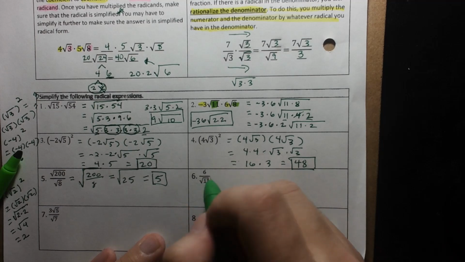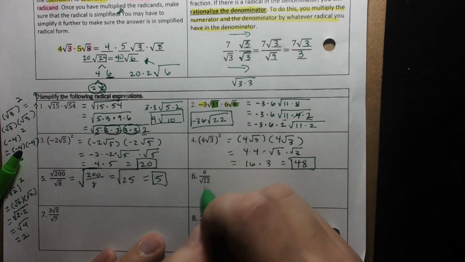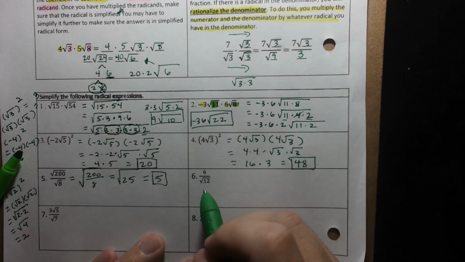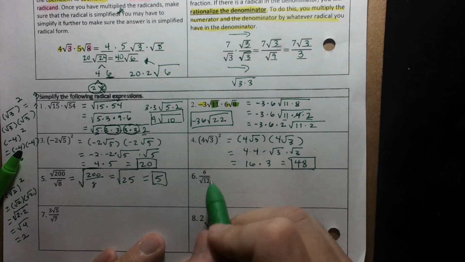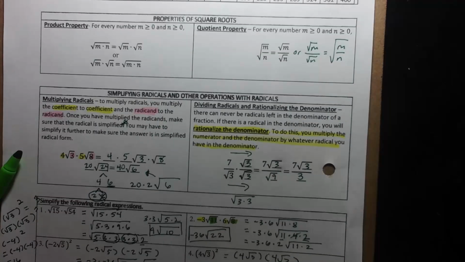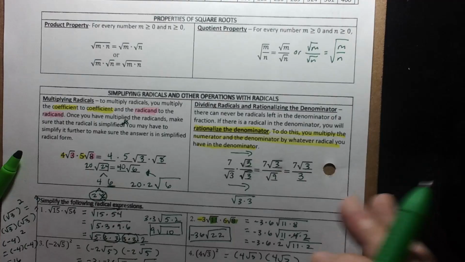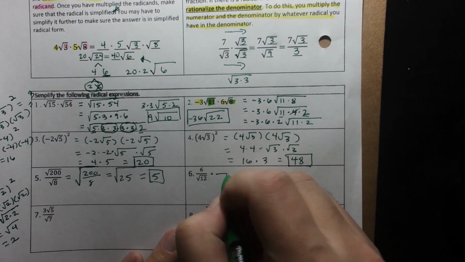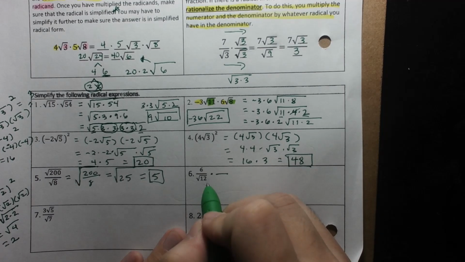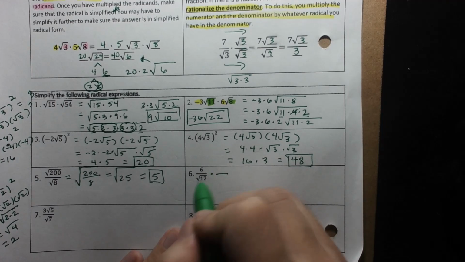Number 6, we have 6 divided by the square root of 12. Okay, so you can't have a radical in the denominator. So what you need to do is rationalize it, right? We're going to multiply the bottom and the top by whatever appears in the denominator.